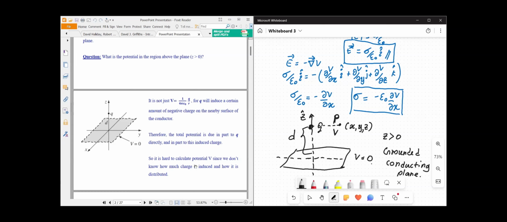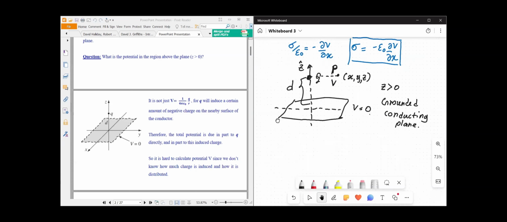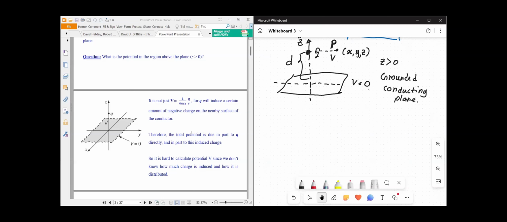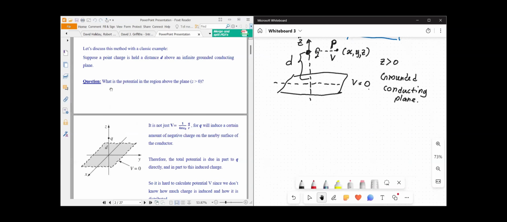And it is hard to calculate the potential since we don't know how much charge is induced and how it is distributed. So to solve this question, we need to calculate the potential in the region above this conductor plane.